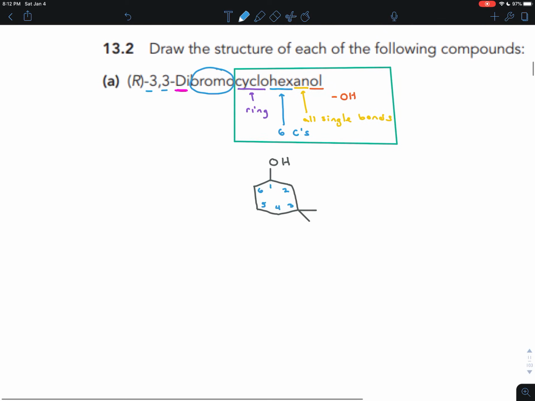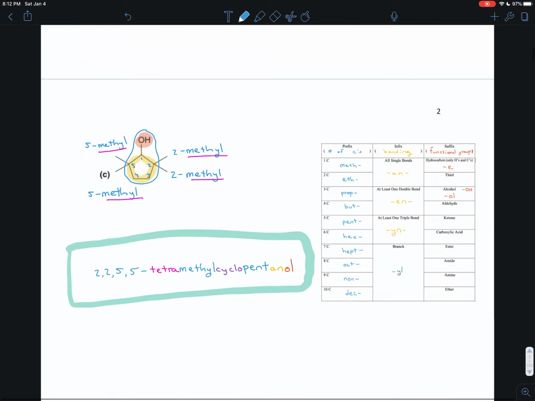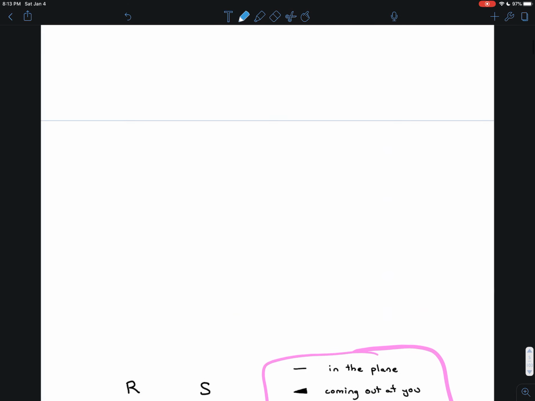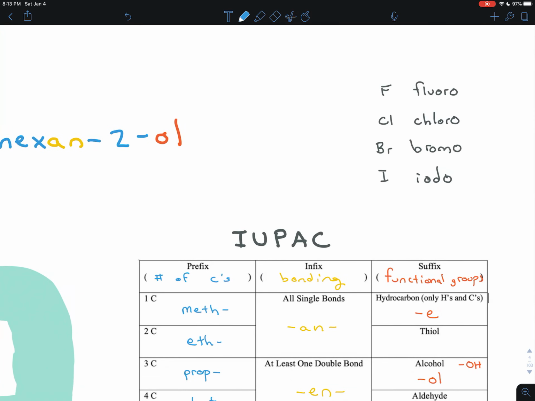Remember, with the halogens, that's everything in group 7A. As we talked about in the first video on naming in this chapter, the halogens are named by taking the first syllable and just adding an O at the end. So if you look on the right side of the periodic table, group 7A, you'll see fluorine, chlorine, bromine, and iodine.